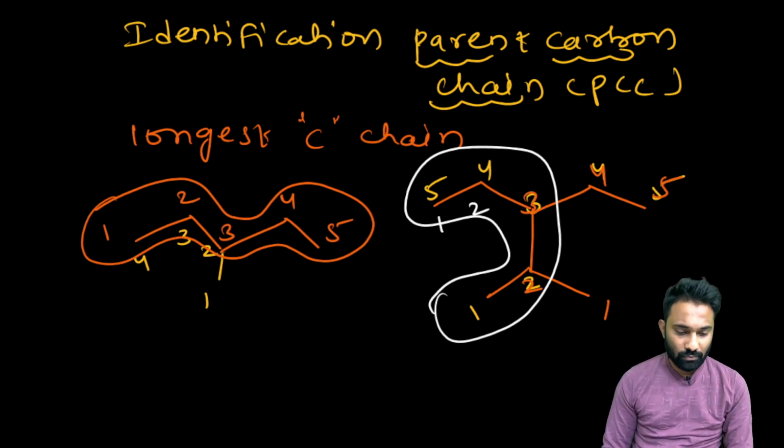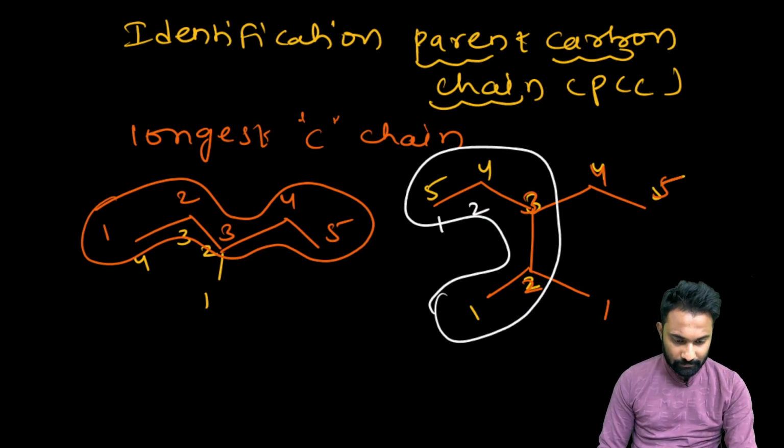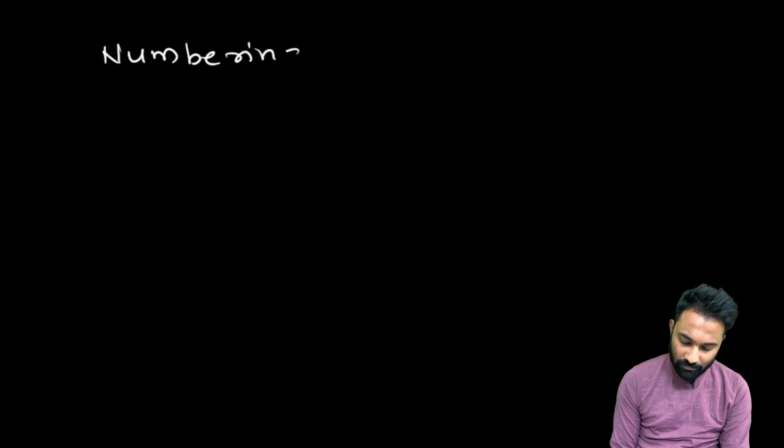Clear? Now, the next type of parent carbon chains. Here, after identifying the parent carbon chain, we have to give the numbering for the PCC.